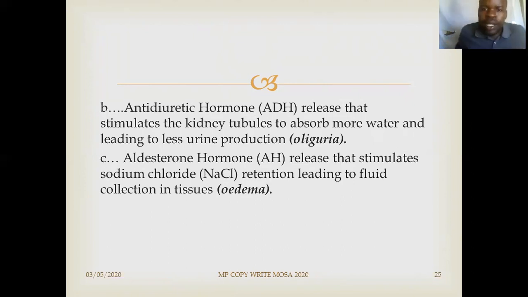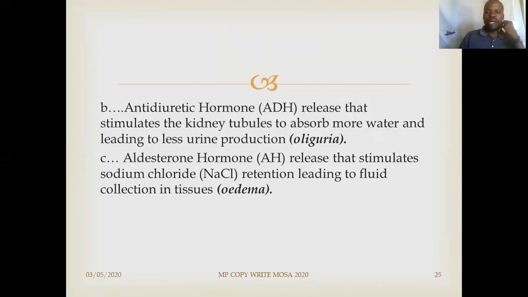So when the ADH has been released, it stimulates the kidney to absorb more water. When the kidney keeps on absorbing more water, there will be low production of urine. And this low production of urine is what we call oliguria, or less urine output.